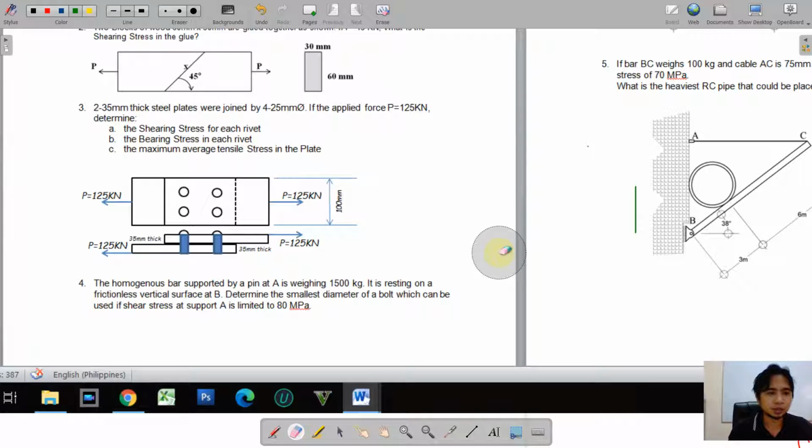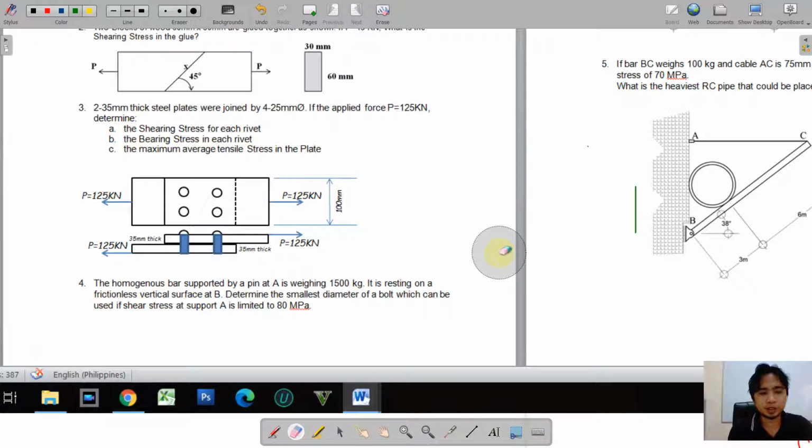So the unknowns are shearing stress for each rivet, bearing stress in each rivet, and the maximum average tensile stress in the plate. So now, each of the rivets is subjected to a loading. So what is the loading? Practically, in your higher subject like steel design, you will learn how to determine the force distribution on each of the rivets.